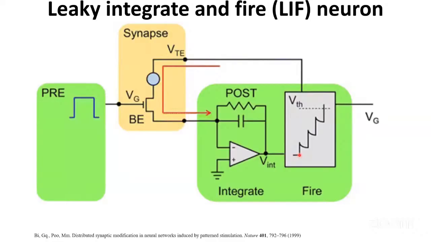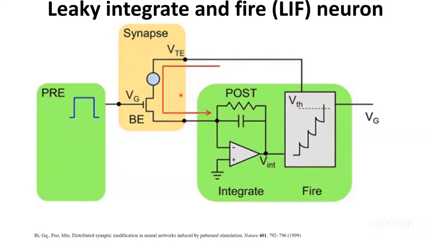And as the potential increases with continuous integration, the potential will increase beyond the threshold, and then there will be a spike. So this is how it works, and this particular circuit is called a synapse.